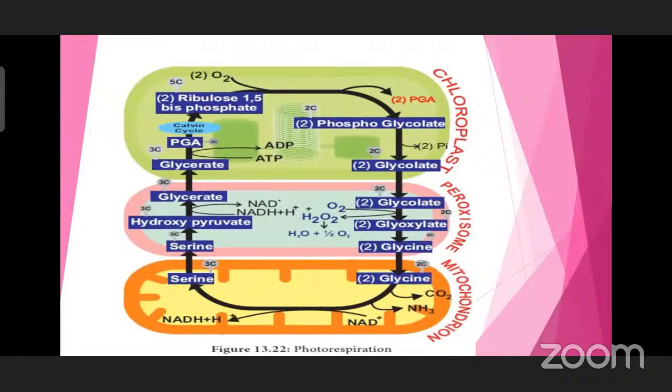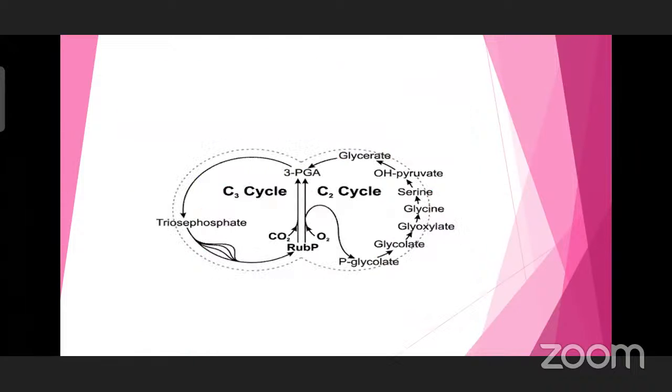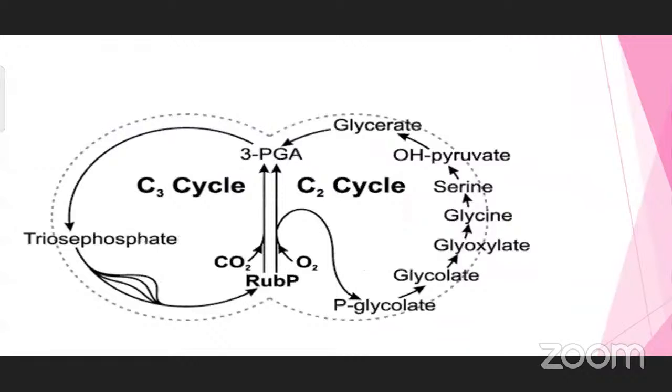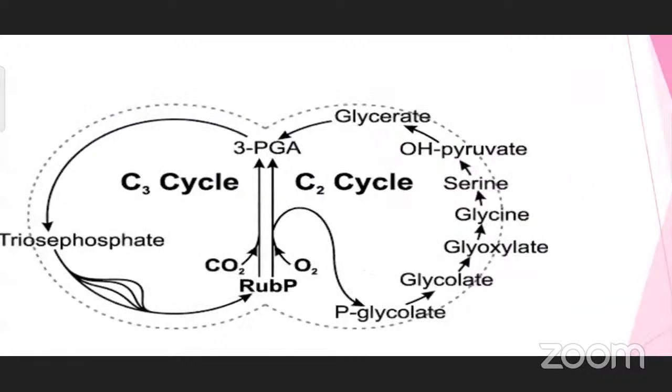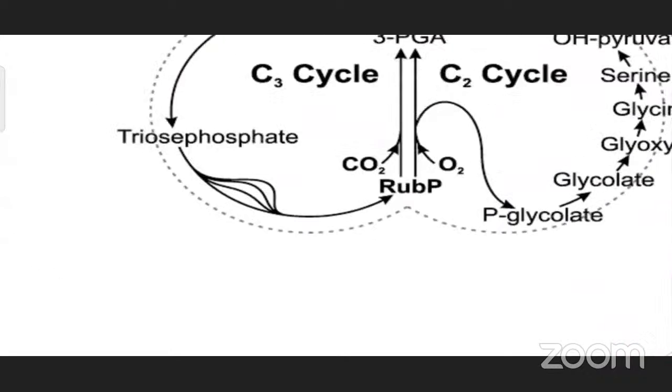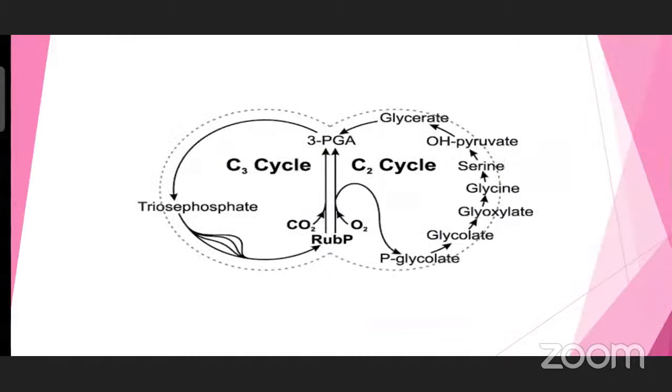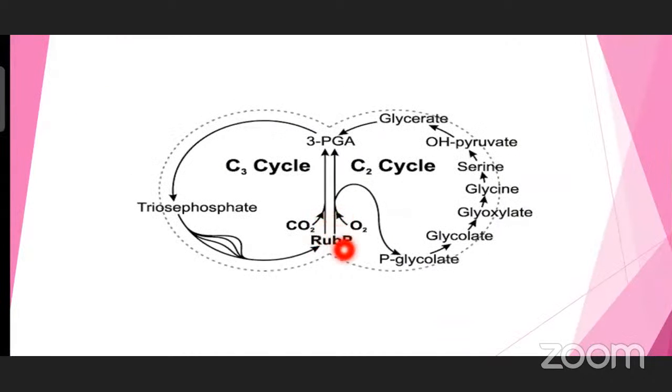Okay, so this is a very important point, also from the NEET point of view. Once again, you can have a clear-cut vision of the C3 cycle and C2 cycle. The nature of RUBP: if it combines with carbon dioxide, it will become phosphoglyceric acid. The 3 in 3 PGA is 3 carbon compounds. It is not a molecule count.